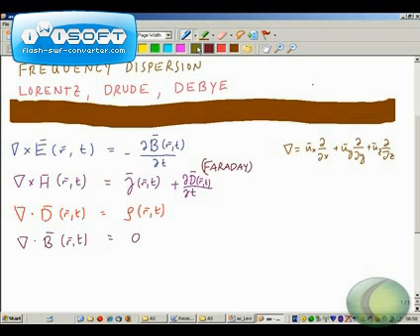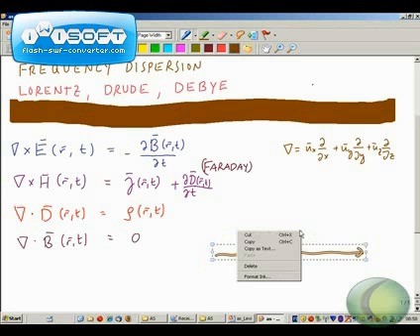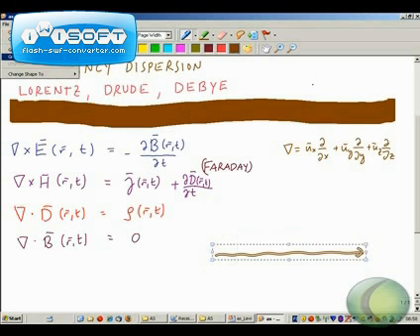So it helps a lot if we somehow say that our field variation is temporally sinusoidal. Let's do it like this.